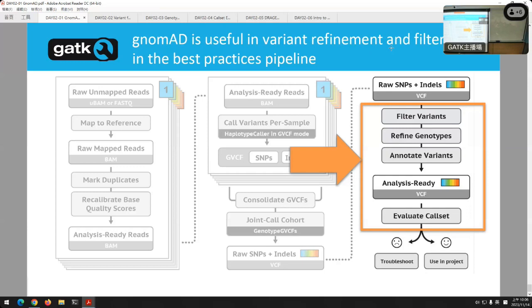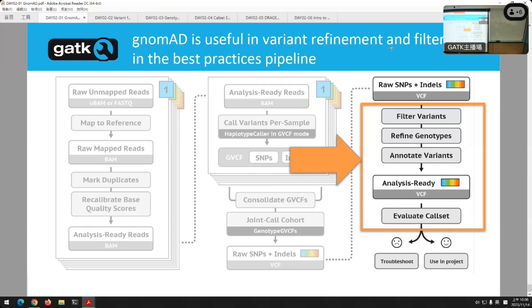Throughout today, we'll be talking more about some of the filtering methods that are used in GATK, and that might answer some of your question about that. Right, yeah. So we'll learn more about variant filtering.